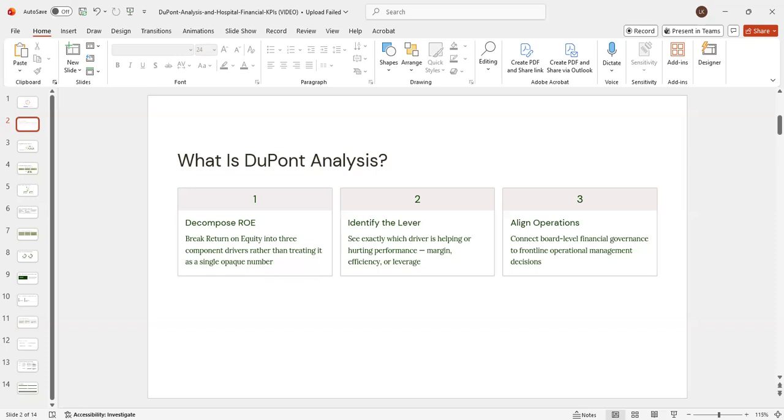In other words, they could analyze different hospitals and use the three DuPont equation attributes to explain the variation in performance across various hospitals.